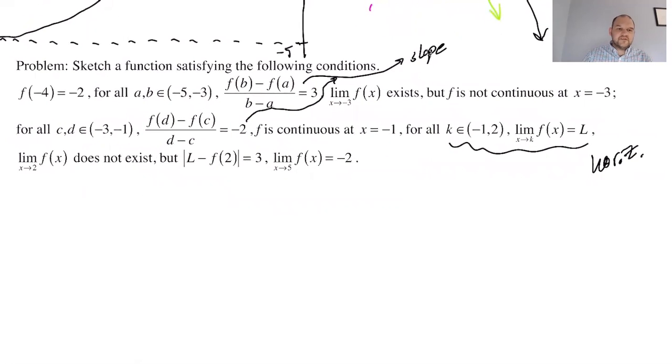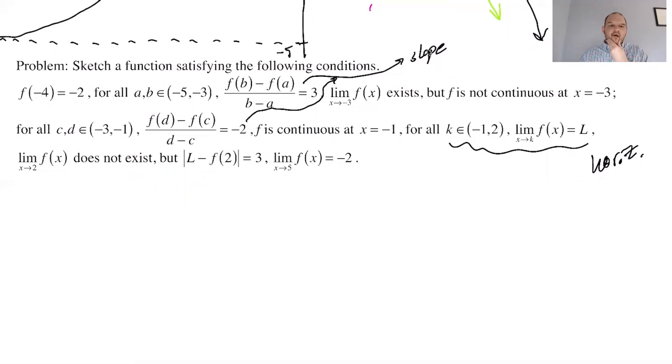So that's good to know. The limit as x approaches 2 of f(x) doesn't exist. Who knows? The limit from the left doesn't equal the limit from the right. That's all we really know. But this confusing thing is true: the absolute value of L minus f(2) is equal to 3.